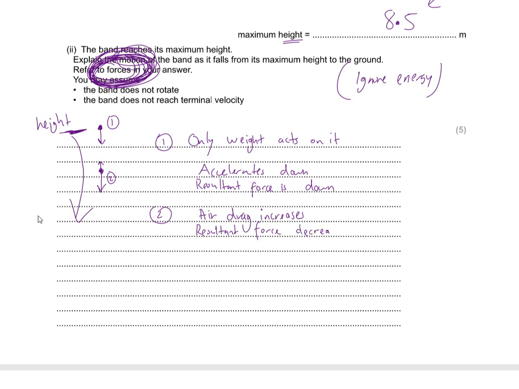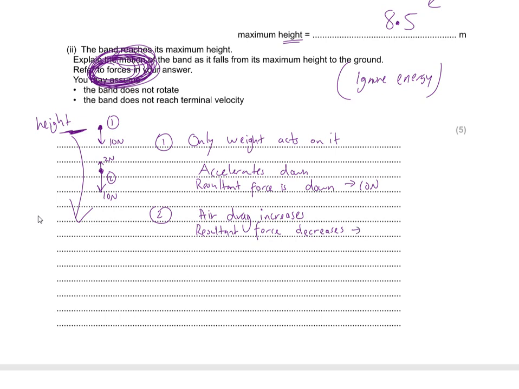decreases. Now for example, if I just put some numbers, if the weight of the rubber band, I don't know, let's say is 10 Newton, the weight stays 10 Newton, but now the air resistance is increasing. So let's say the air resistance is 2 Newton. Therefore, here the resultant force will be 10 Newton, because there's only weight.